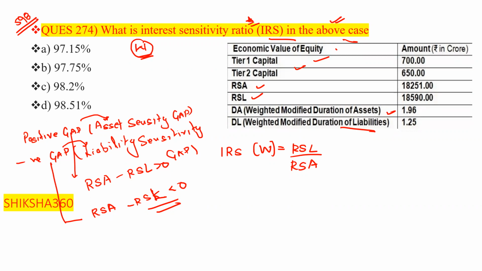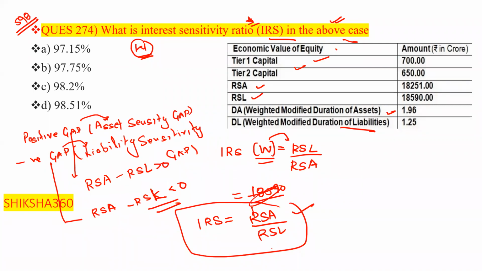Please tell me everything they have given here. This is the W, and the interest rate sensitivity is RSA upon RSL. We have to measure it with asset to liability.